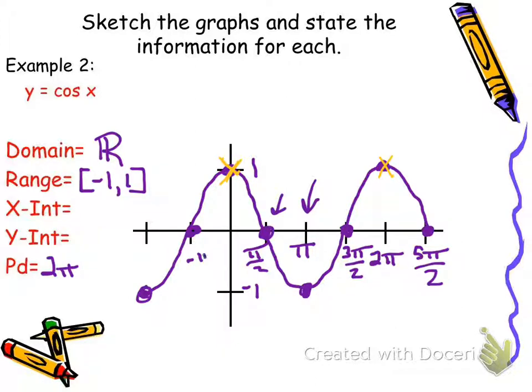Negative pi over 2. Negative pi. We're going to use the period to label the axis. So the normal period of the sine function is 2 pi. The normal period of the cosine function is also 2 pi. We saw this through discovery, what we did on Monday and Tuesday.